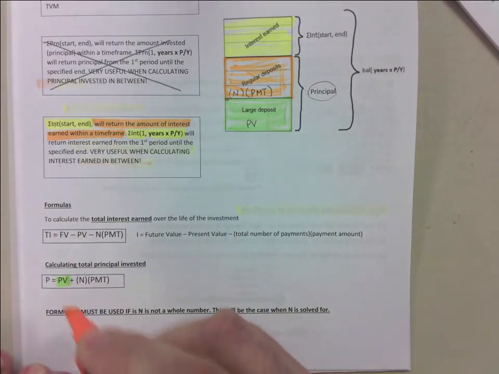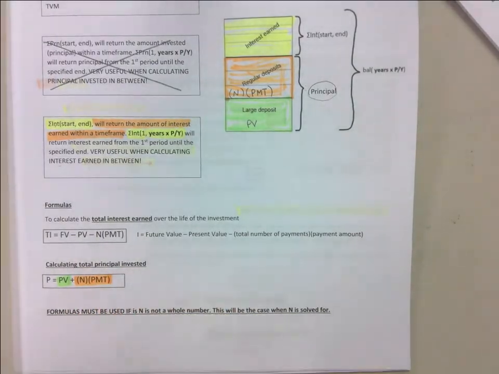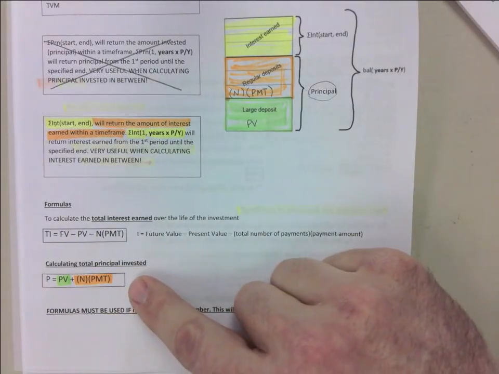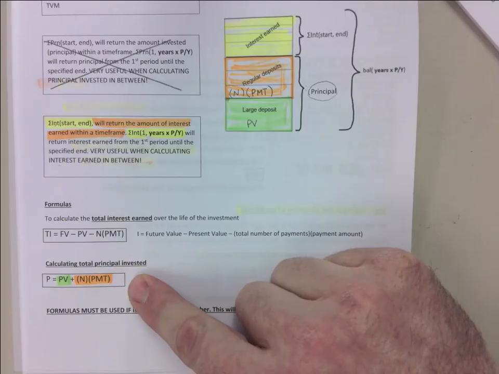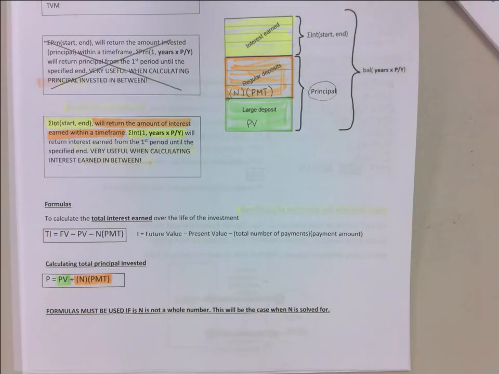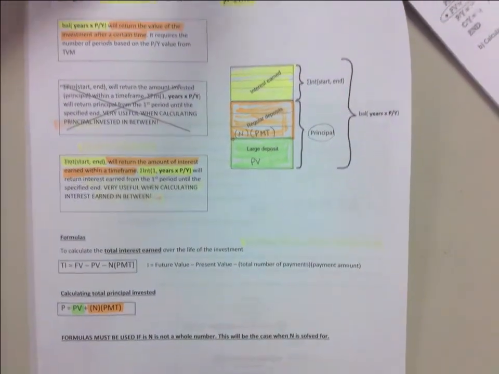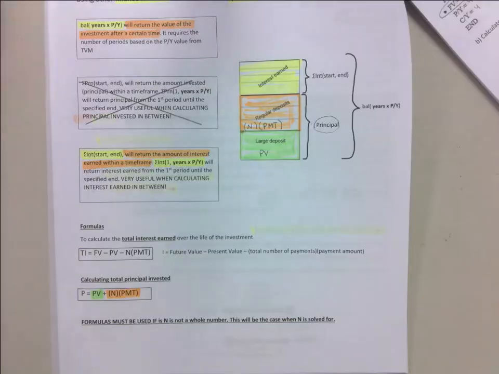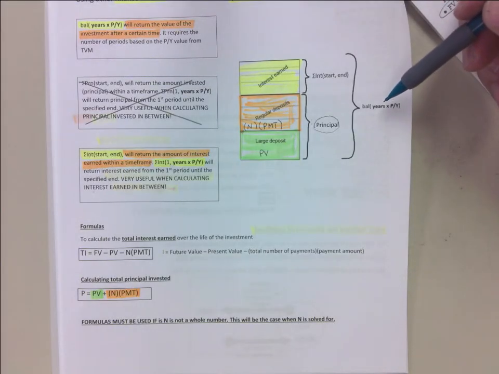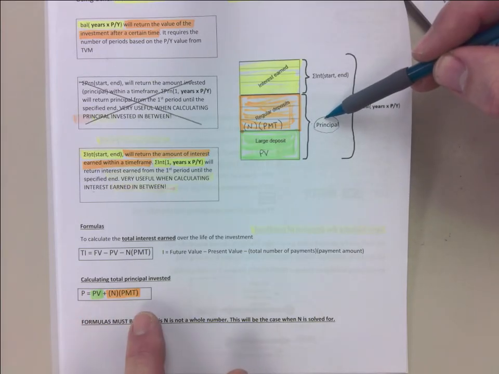And I'm going to give the NPMT the orange color. That is a formula that I would say you should definitely have on your study sheet. Okay, so principal, that's the formula.